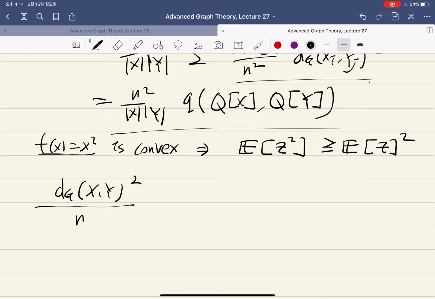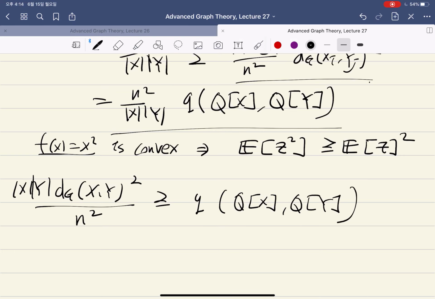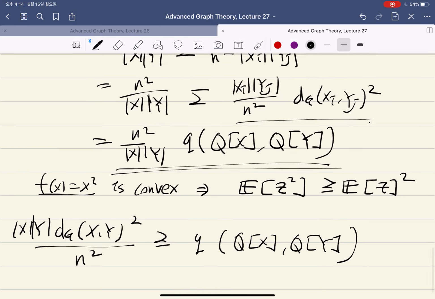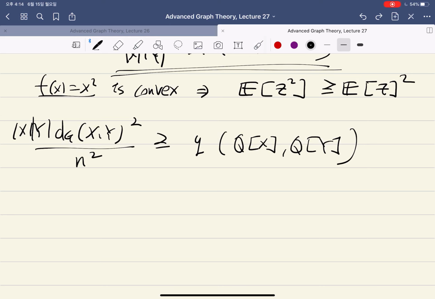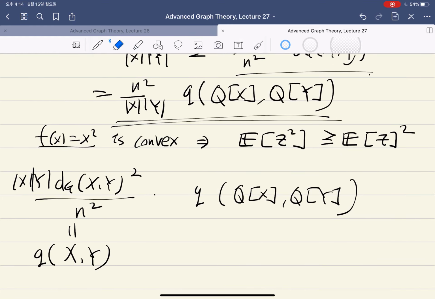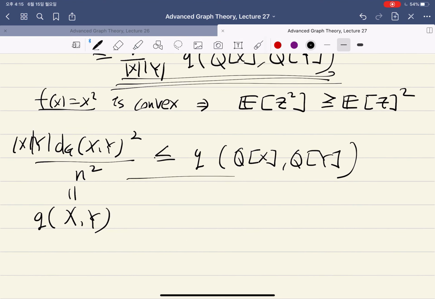That means if you take n squared |X||Y|, you take this and then this square and multiply this part on both sides, you get this. And this is the same as the energy between X and Y. Sorry, I wrote it the other way. Yeah, this is bigger, so you have this.